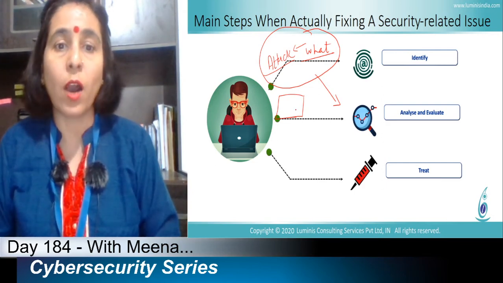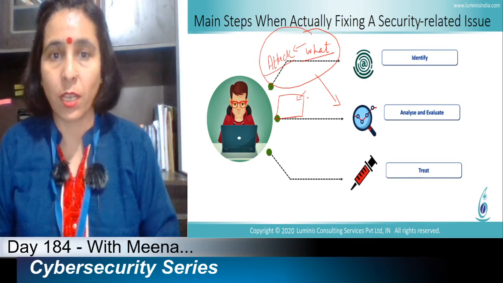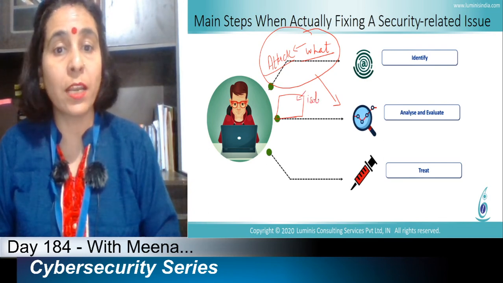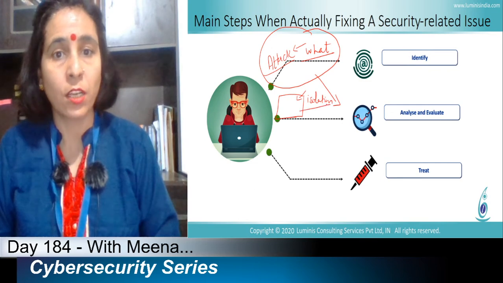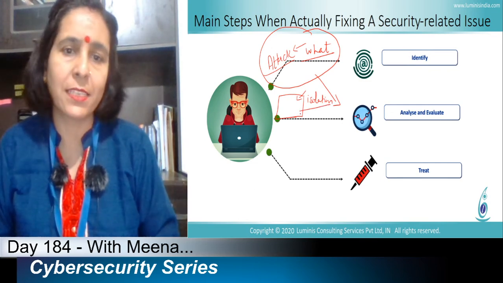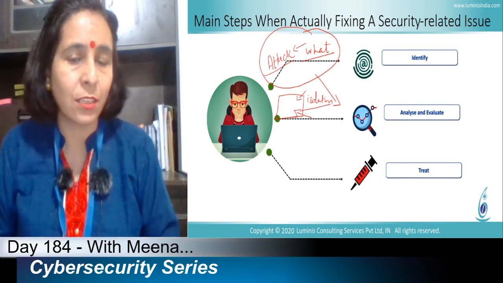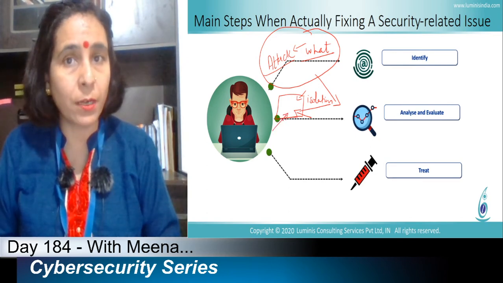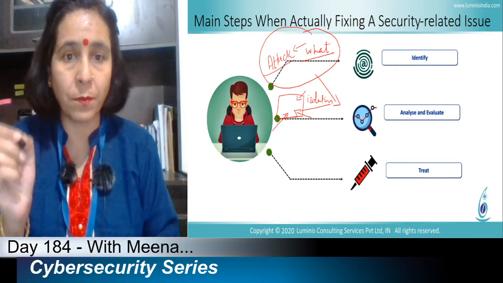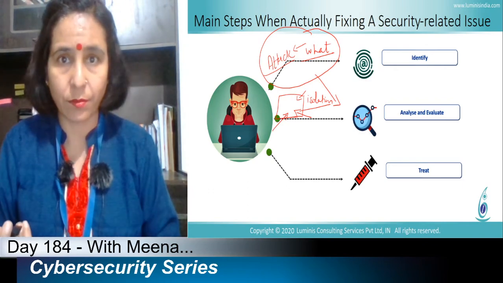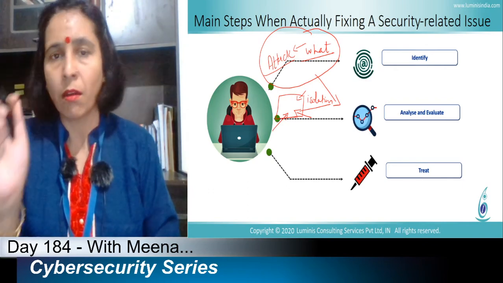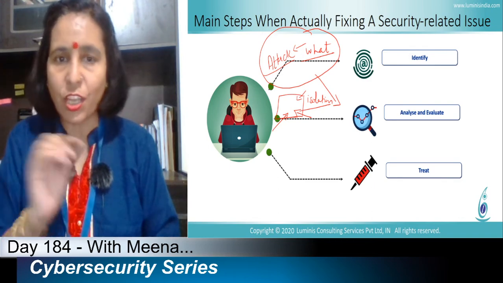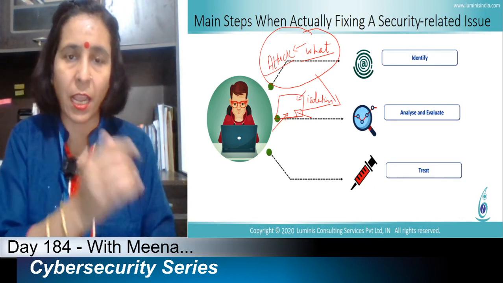We need to isolate it. After the isolation, we need to find out exactly what the root cause was, where that attack started, and what vulnerabilities the hackers or cyber criminals exploited. We need complete knowledge of how that attack happened.